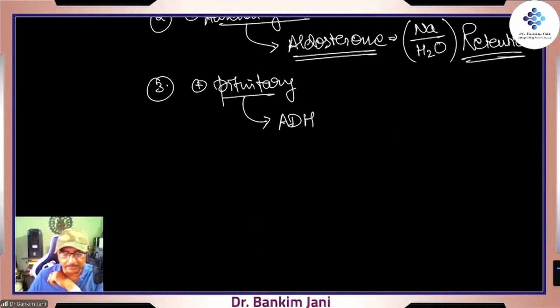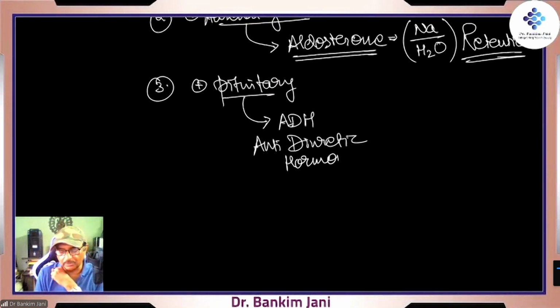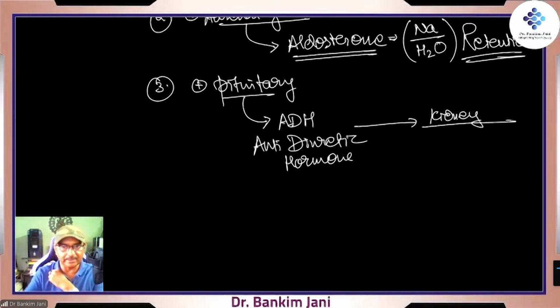Diuresis is when the water is passed into the urine. This is the opposite, anti-diuretic hormone. So this will also go to the kidney and say, are you crazy? Don't throw the water back out. So water reabsorption.